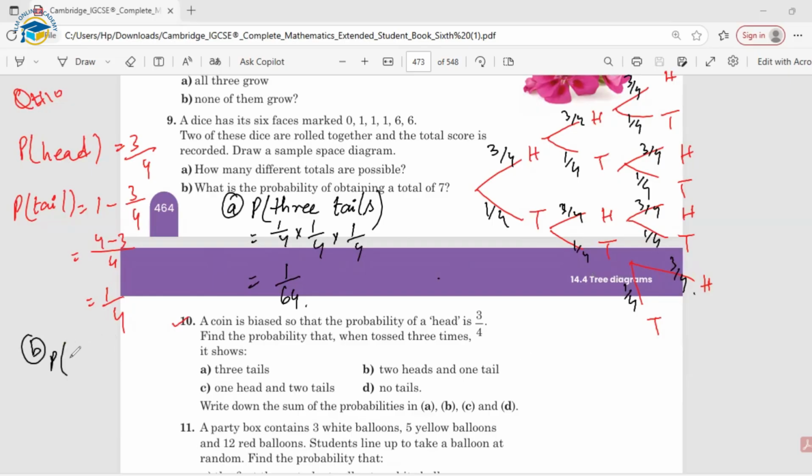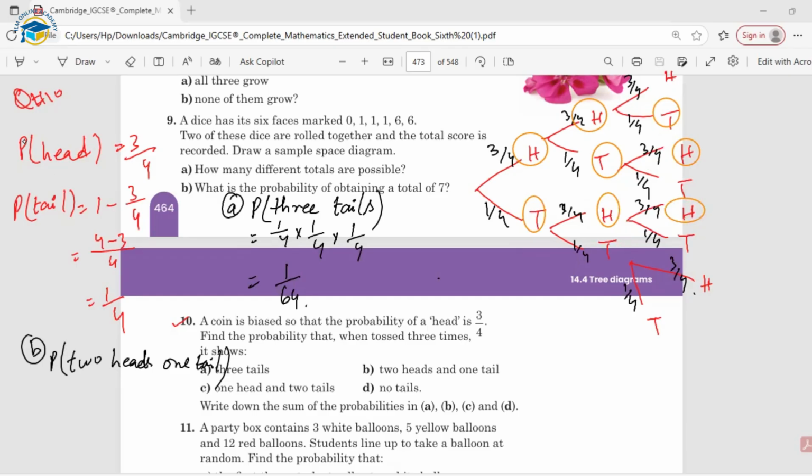B part, probability of 2 heads, 1 tail. They haven't given any order, so any order you can pick up. Let's find out where we are having 2 heads, 1 tail. 3 possibilities.